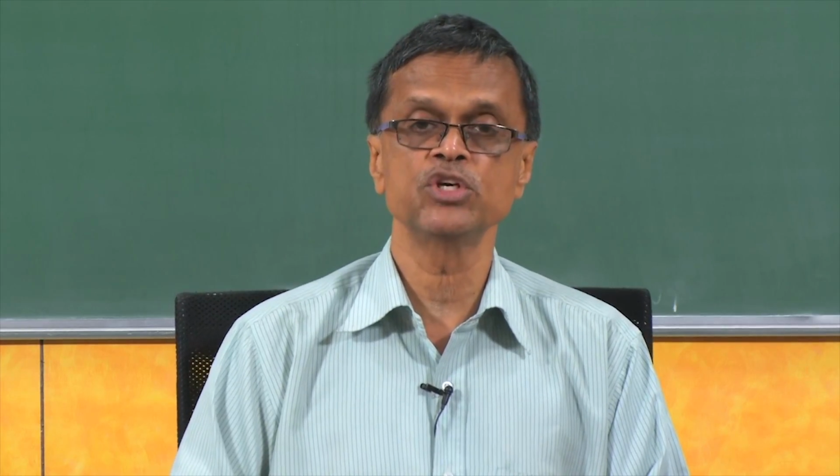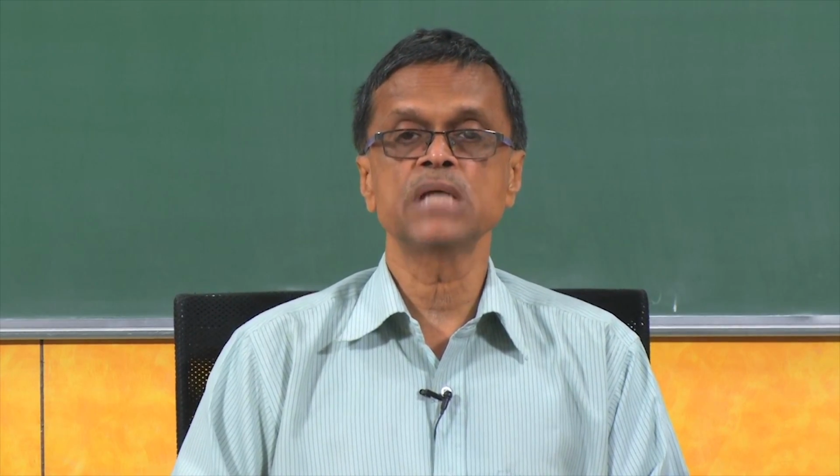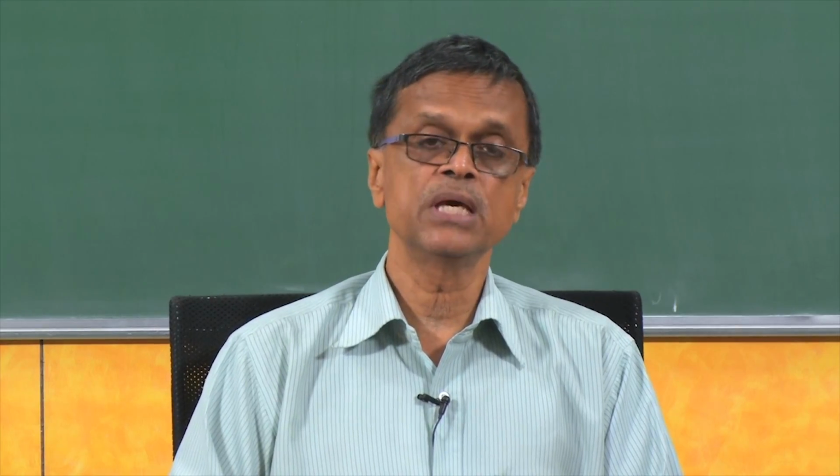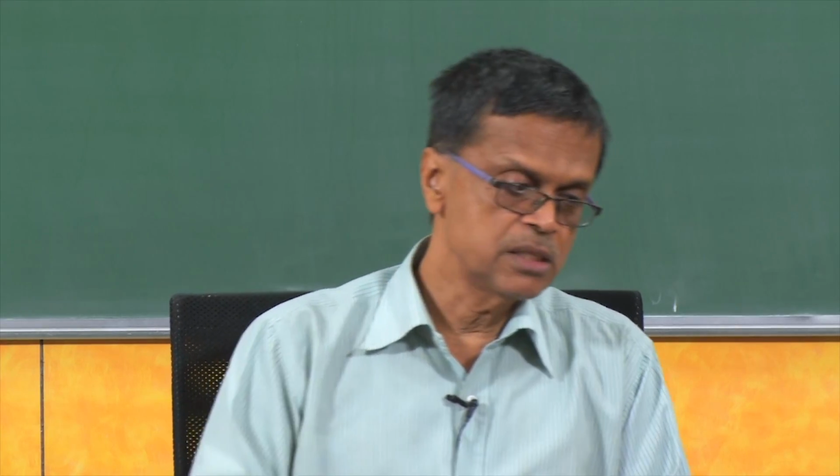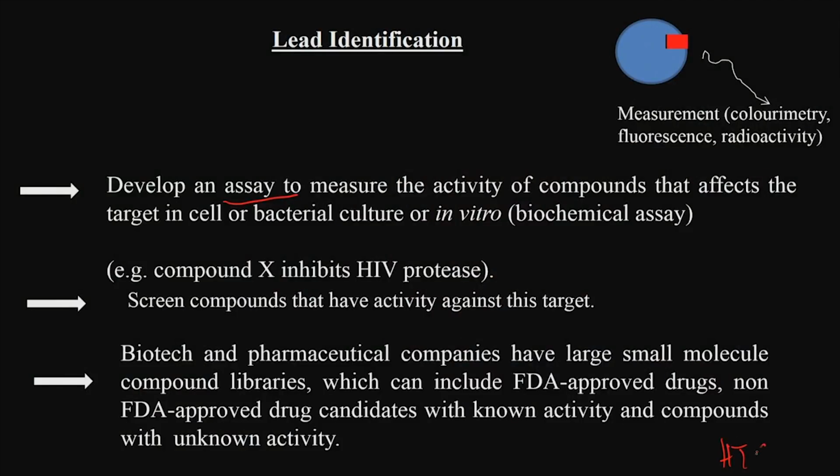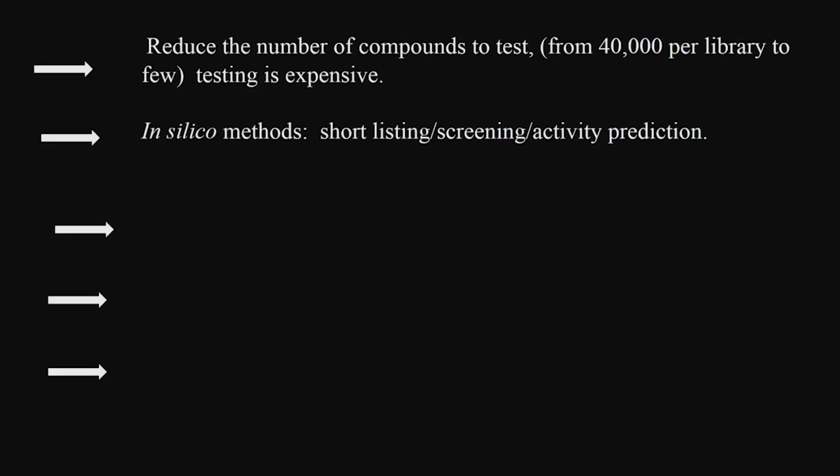So, instead of testing millions of compounds in my wet lab, I use in silico screening, select only hundreds which look very promising, and test them in vitro using high throughput screening, that is HTS, and then identify some lead molecules which seem very promising. That is called lead identification.